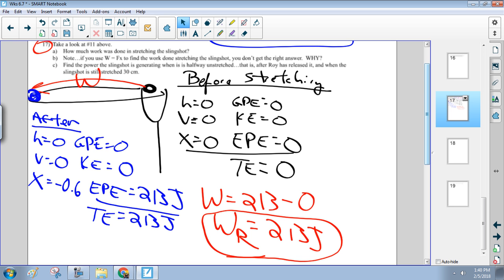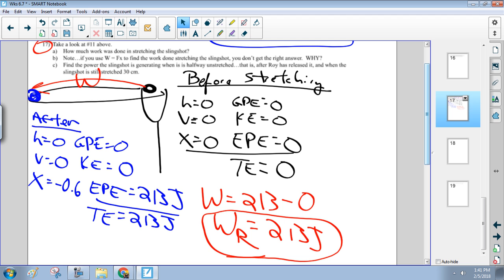Now when I let it go, it's got kinetic energy. Where did that kinetic energy come from? From the elastic. The rubber band pulling itself forward is a conservative force, and it didn't change the total energy. Number 11 is about the firing of the slingshot. Number 17 is about this part of it.